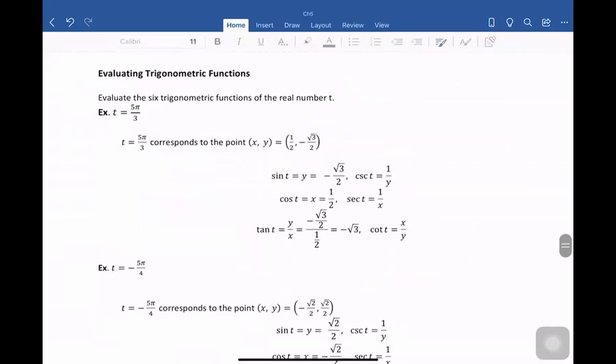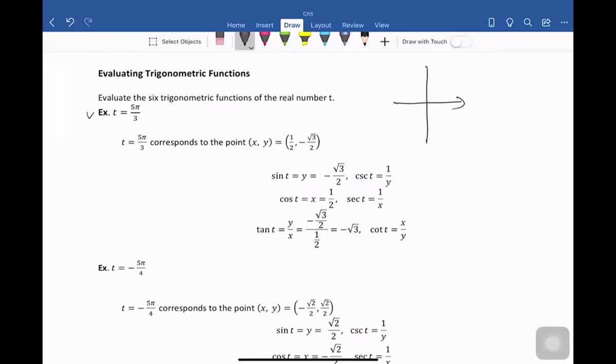See the example. Here is the example. T equals 5 pi over 3. Find the 6 trig functions. First, I want to find where this angle is. So T is 5 pi over 3. We have learned this is pi over 2, pi, 3 pi over 2, 0 to 2 pi.